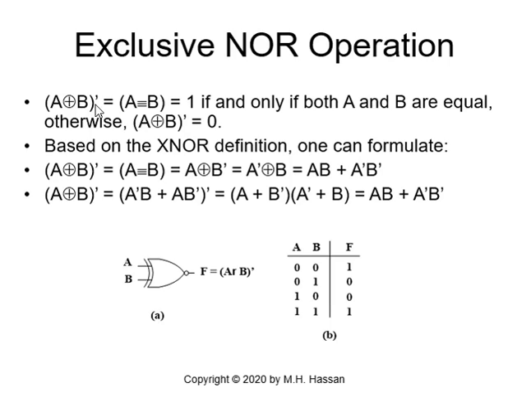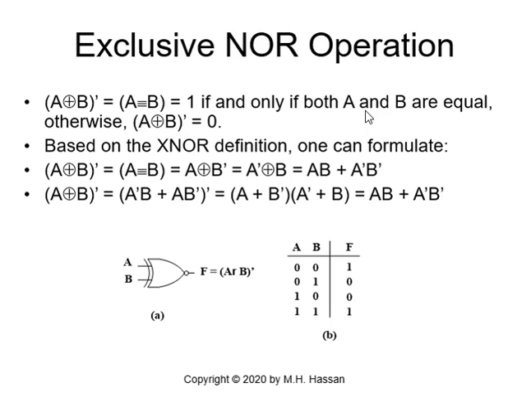So A exclusive NOR B is equal to A equivalence B, equal to 1 if and only if both A and B are equal, and equal to 0 otherwise. So if they are both 0 or both 1, at that time the equivalence will be 1, otherwise it will be 0.